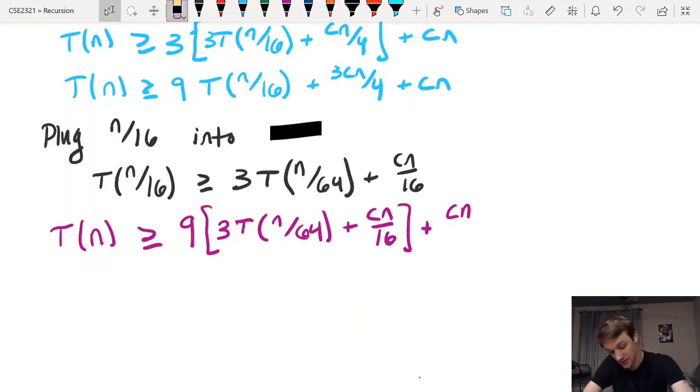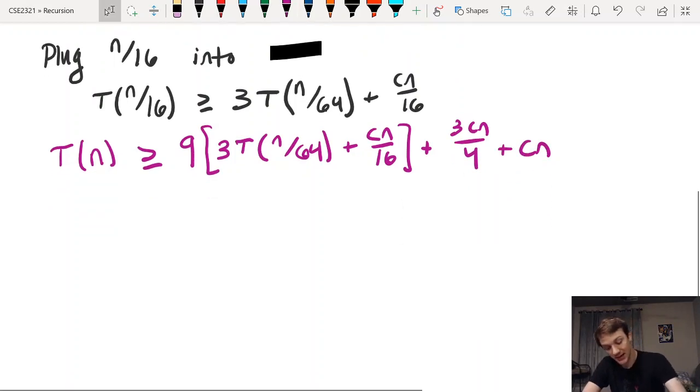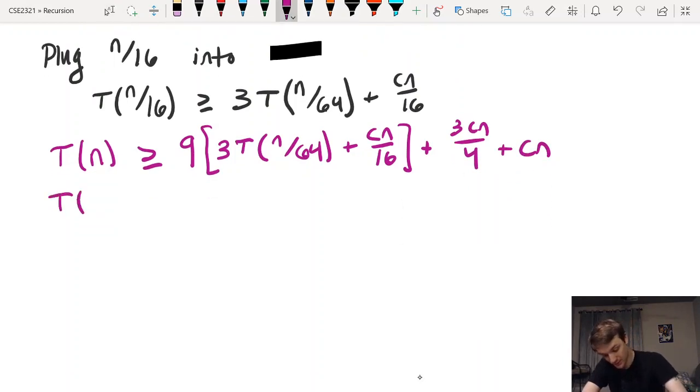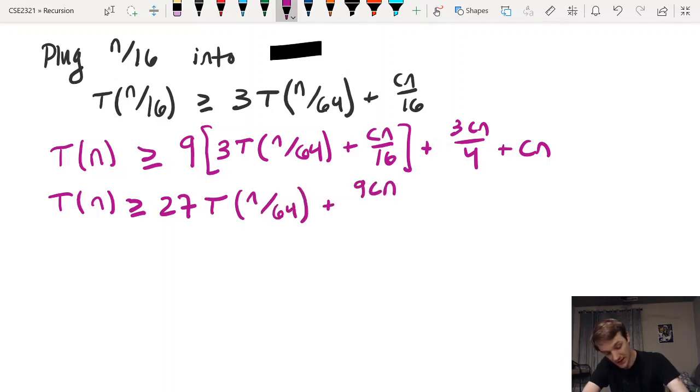So 3cn over 4 plus cn. Distribute the 9 and see what happens. We have T(n) greater than or equal to 27T(n/64) plus 9cn over 16 plus 3cn over 4 plus cn.